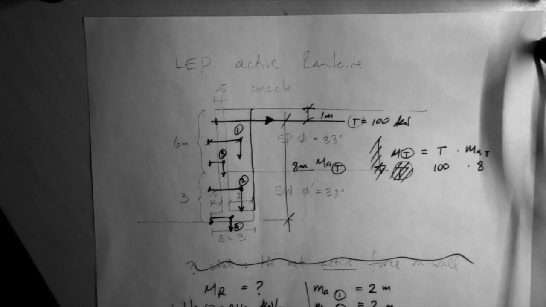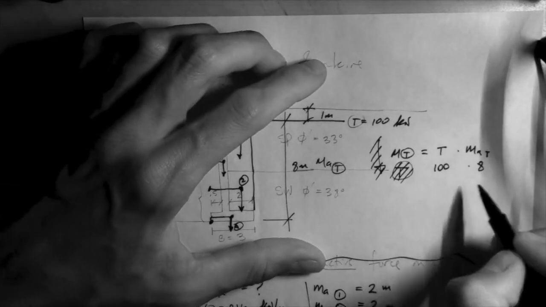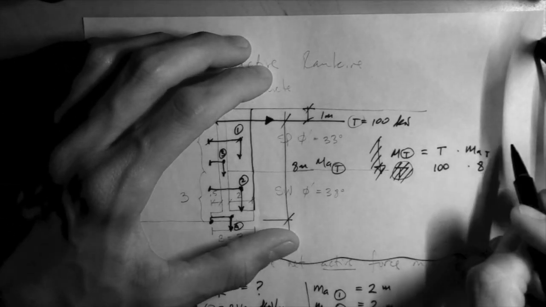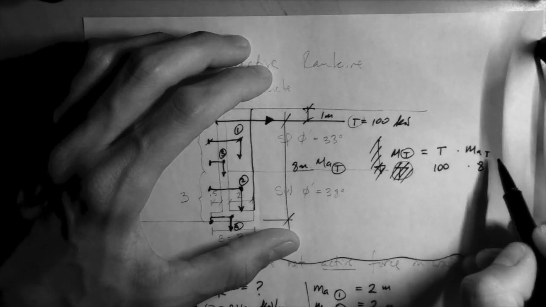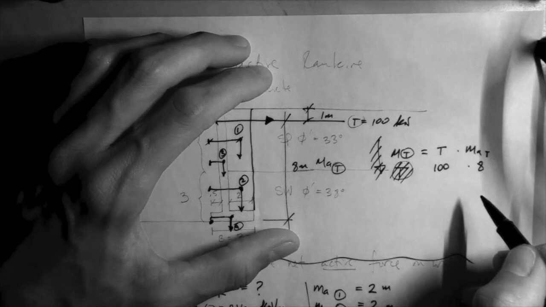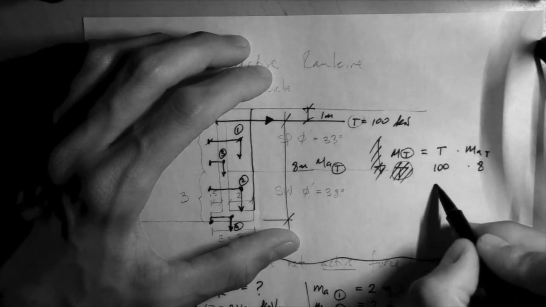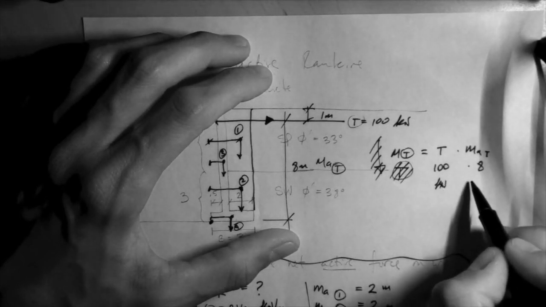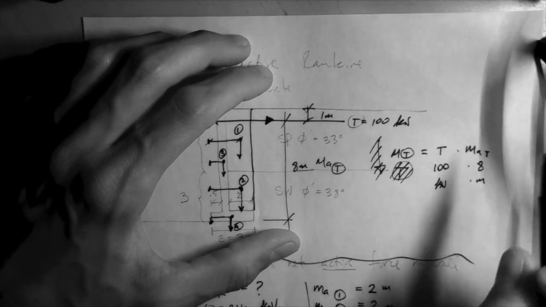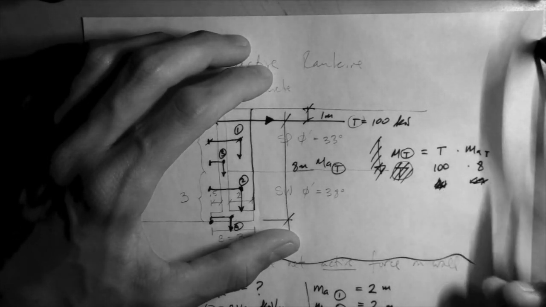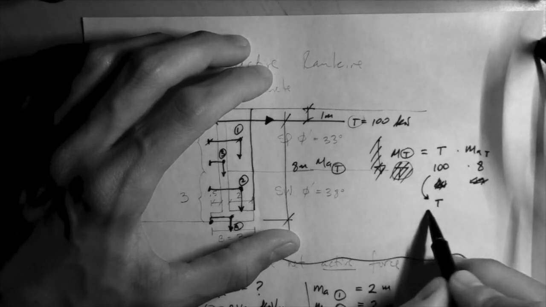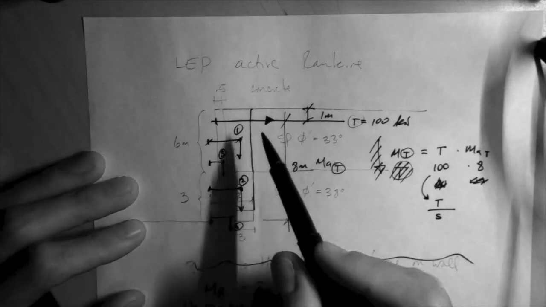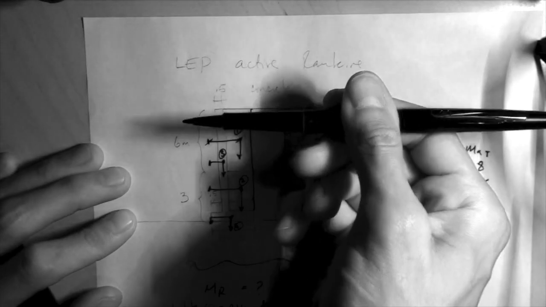But we want moment per meter of wall. Therefore, what you have to do is divide this. This is kilonewton, this is meter, right? Of course, sorry. You have to take this T and divide it by the spacing. Remember the spacing between the tiebacks? There's a tieback here, there's one behind.